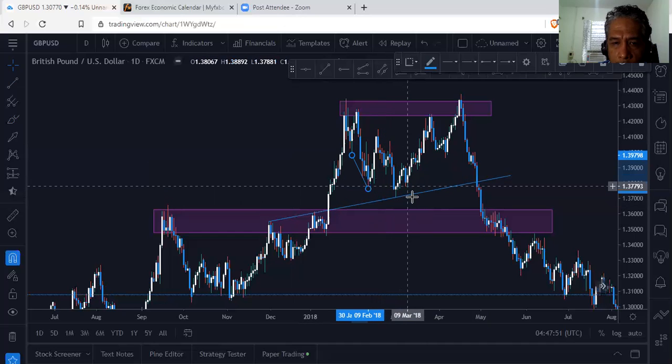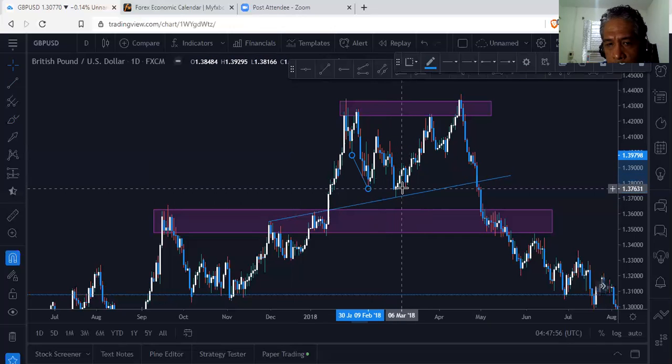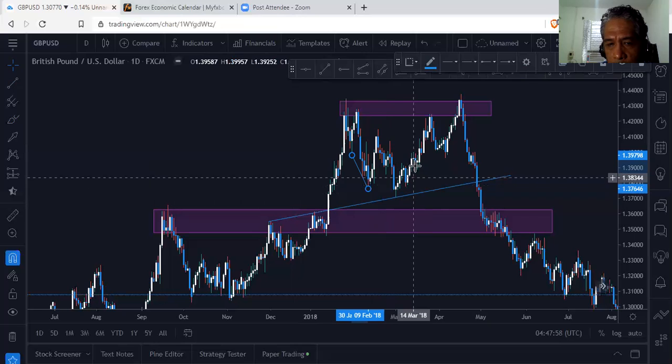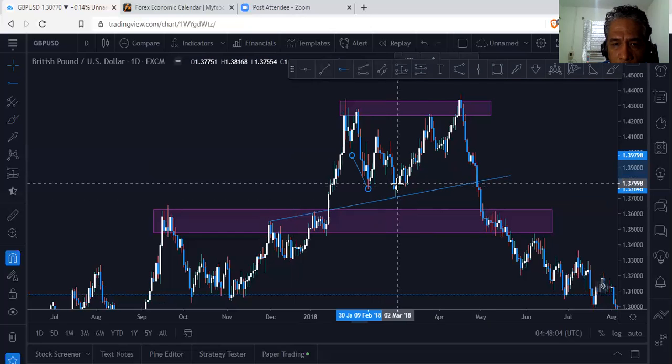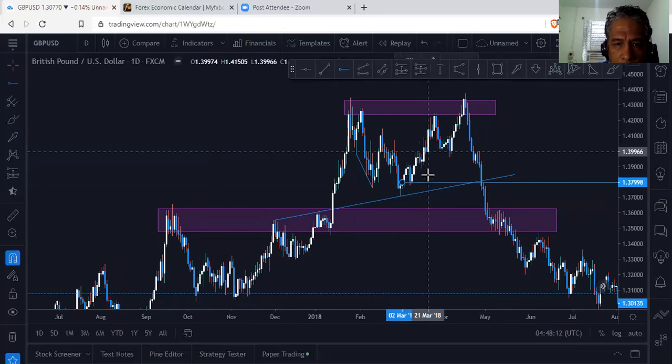Here we can see the first line. Then it moves up. Then in a little analysis, you can analyze this as support. As the market moves up, you can see support, and here you can see support. This is micro analysis of support.